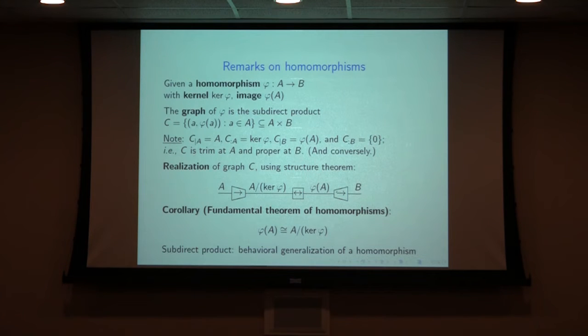And just to drive home how fundamental this is, I want to make a few remarks on homomorphisms, which I hope that you all have encountered at some point. Think of it as a linear transformation if you don't know any group theory.